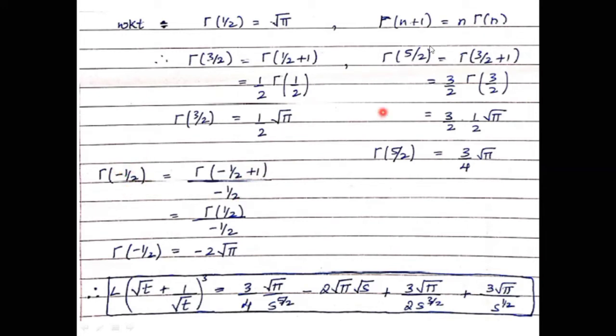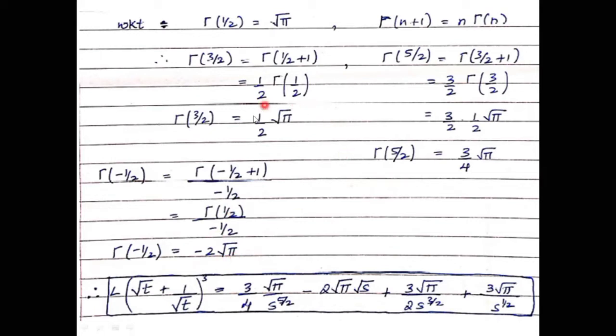This is how I have written. And we know that minus half plus 1 is plus half. So gamma half is root pi, divided by minus half, is minus 2 root pi.